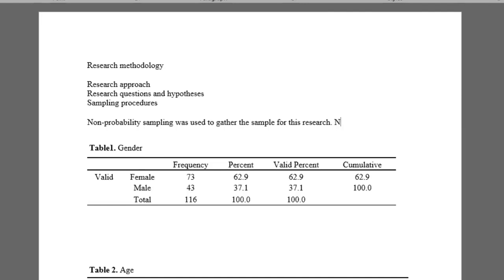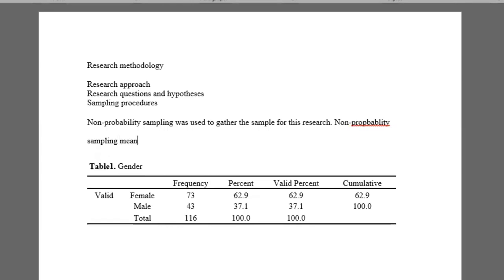We can say that non-probability sampling means that not all individuals have an equal chance to be included in the sample.